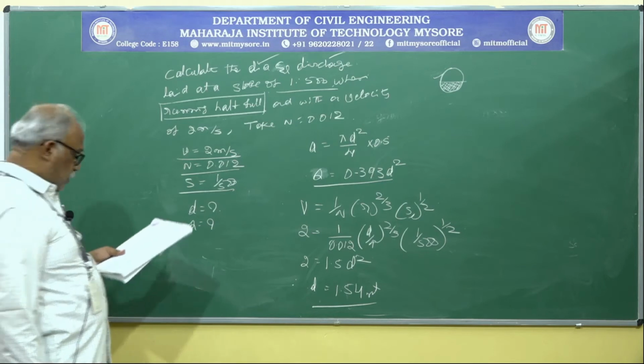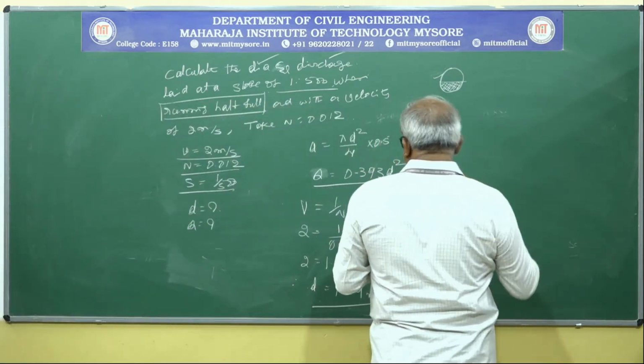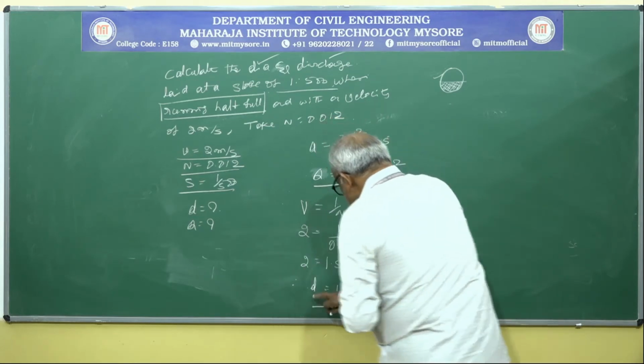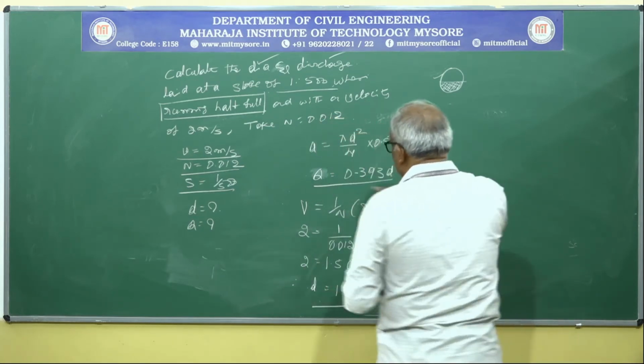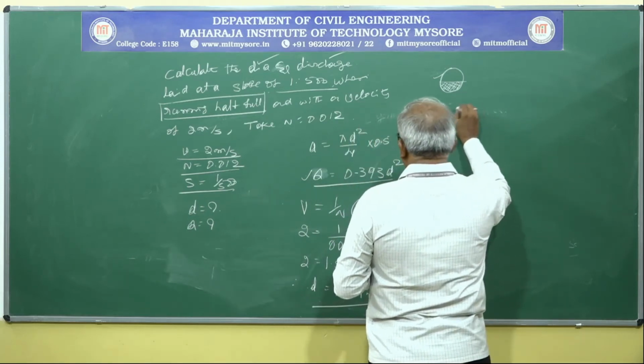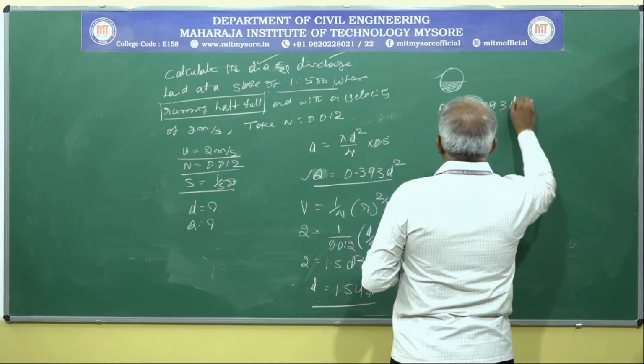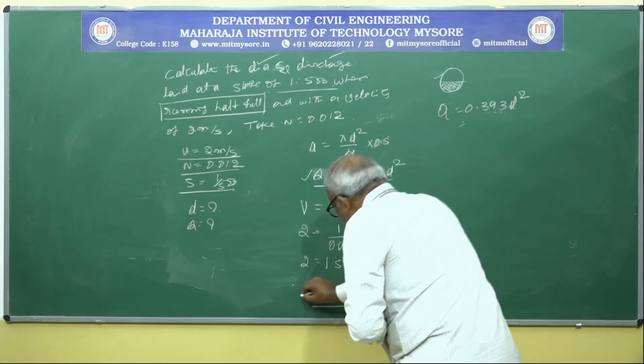Okay, are you clear? Next, after calculating the value of d, again I will take this equation, that is A equals 0.393 d square. We already calculated the value of d.